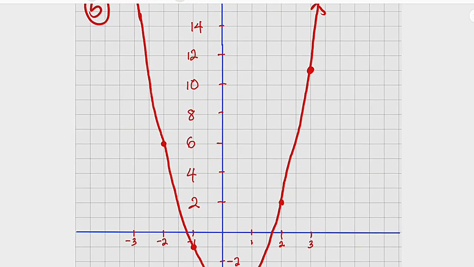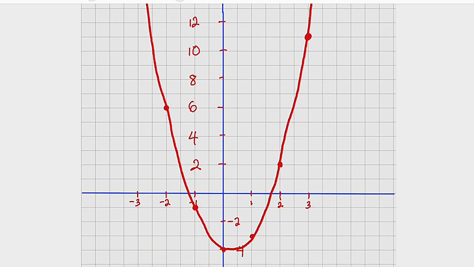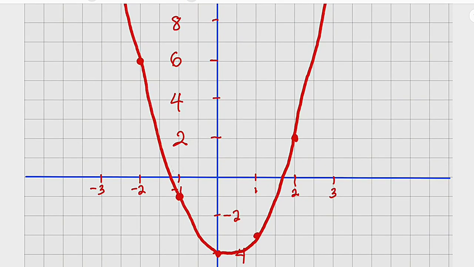And then finding the exact points where the curve crosses the x-axis, you can see we have one here and the other one here. So they are fractions, they are not whole numbers. We can see that this one is approximately either -1.1, -1.2, or -1.3.